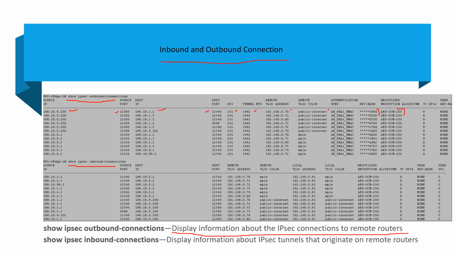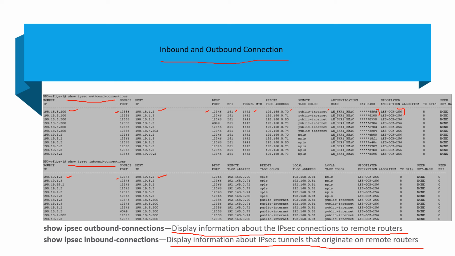Similarly, if I issue the inbound connections command, this is my source 1.2. This is my port, destination IP address. And what it means by the inbound connection, it displays information about the IPsec tunnel that originates on the remote routers.